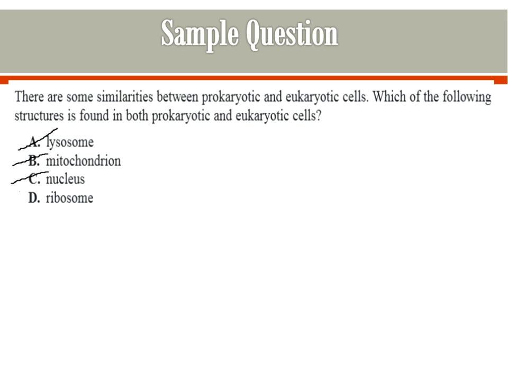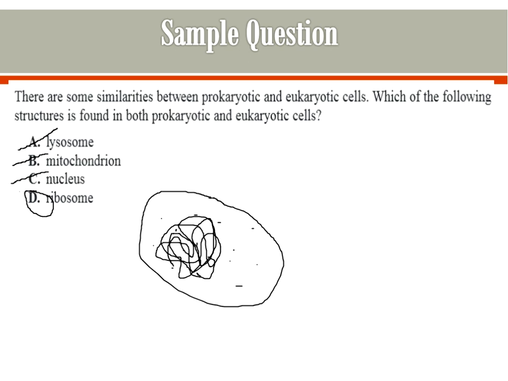Remember how simple they are? If you were to draw a prokaryotic cell, all you would draw are little dots everywhere, which are your ribosomes, and you would draw the DNA, which is just all over the place in the cell. Maybe it'll have a flagella. That's it. That's what a prokaryotic cell looks like.